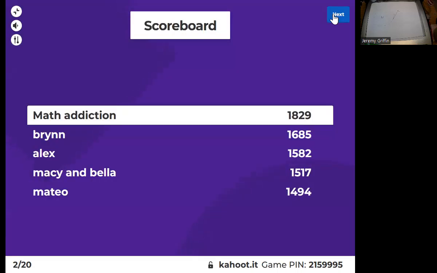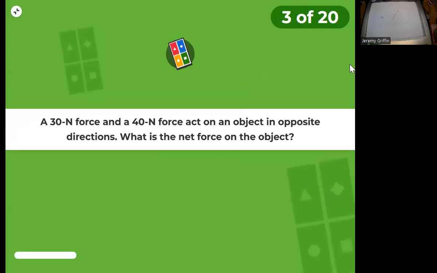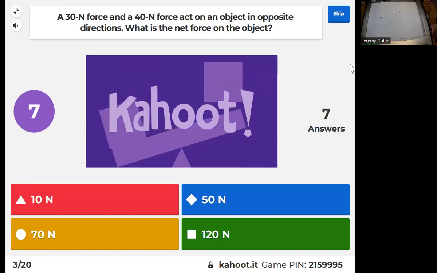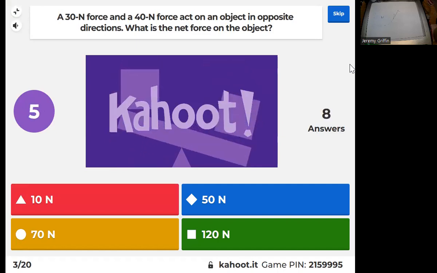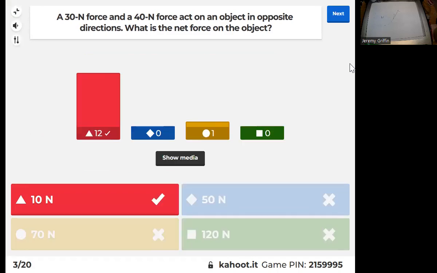All right, here we go. Math addiction, keeping the lead. A 30 newton force and a 40 newton force in opposite directions. What's the net force? Oh yeah, look at that.